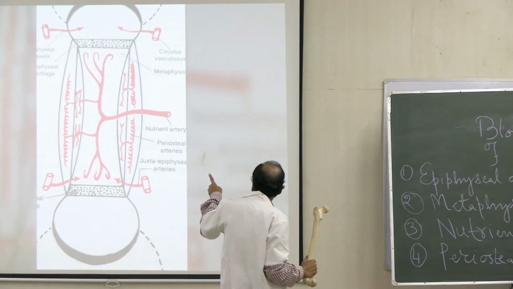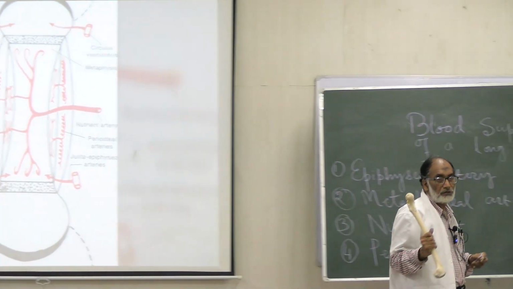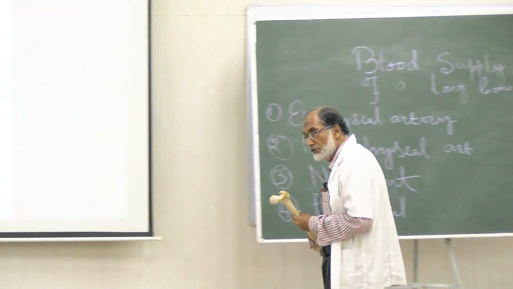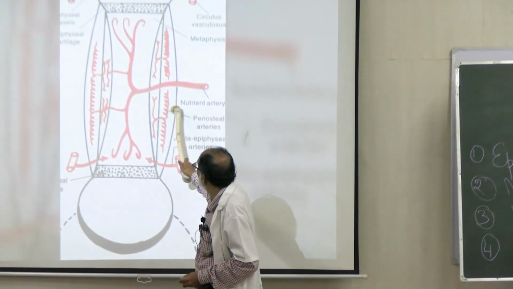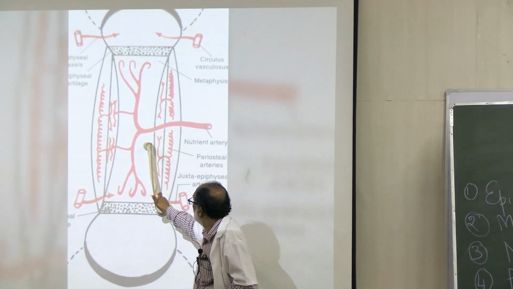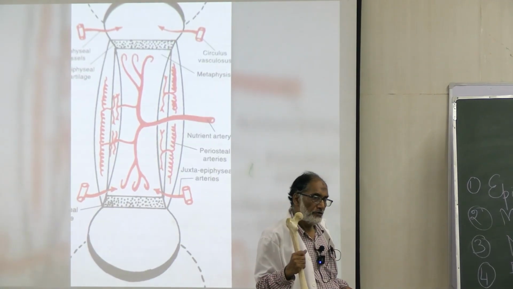Now, how much does this nutrient artery supply? It supplies the inner two-third of the shaft. This is the cortex or shaft. Its inner two-third is supplied by the nutrient artery.